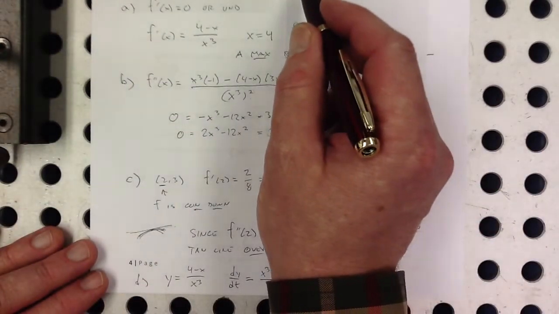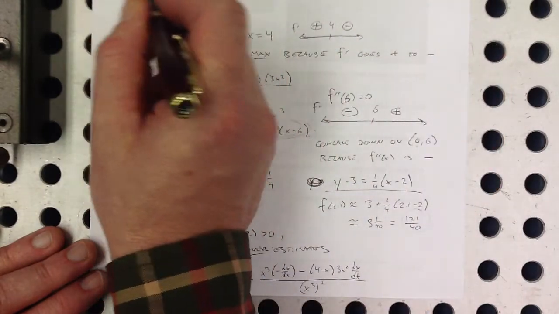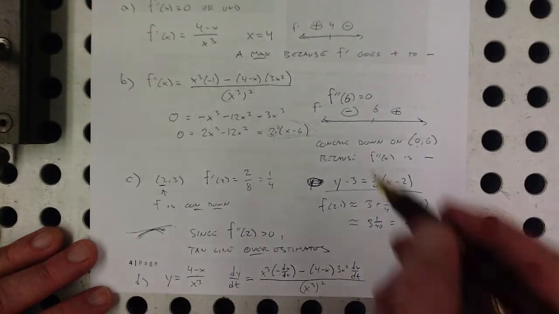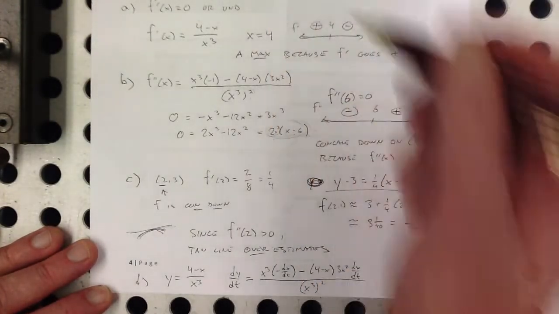So we want, how fast is the point moving away from the origin when it is at 2, 1/2? And I also know that dx dt is equal to 2.